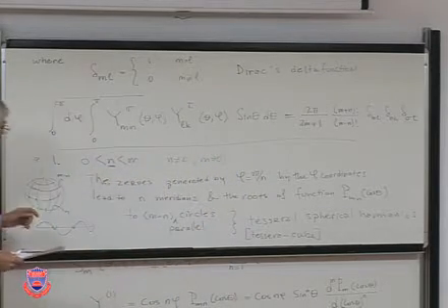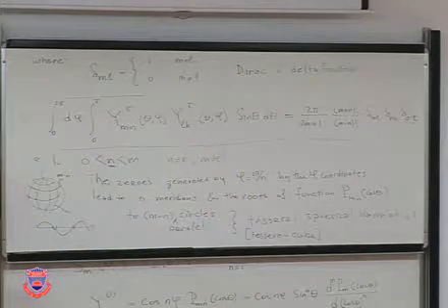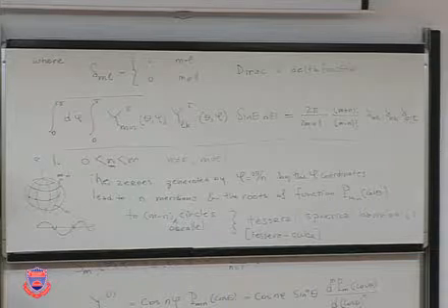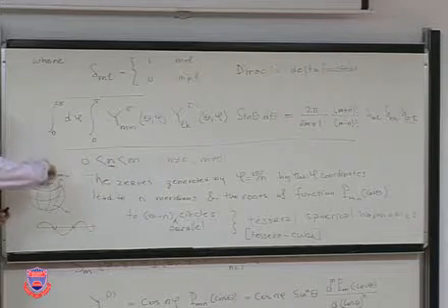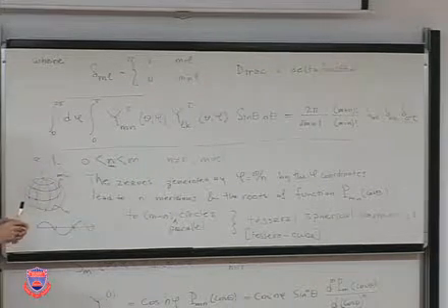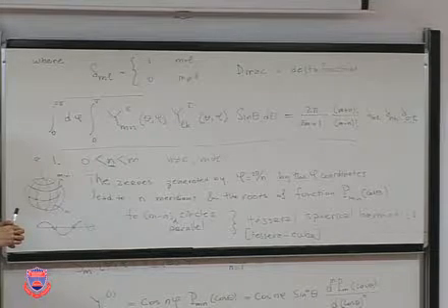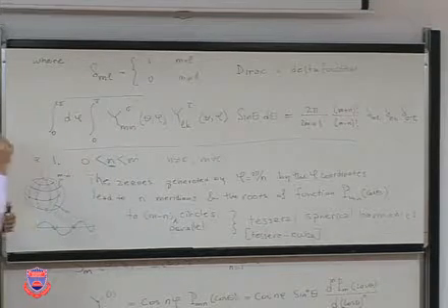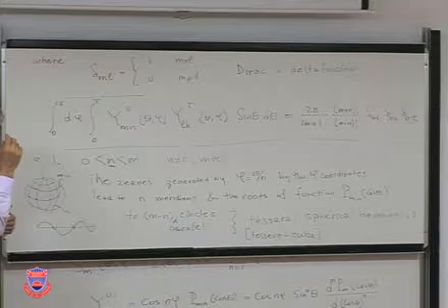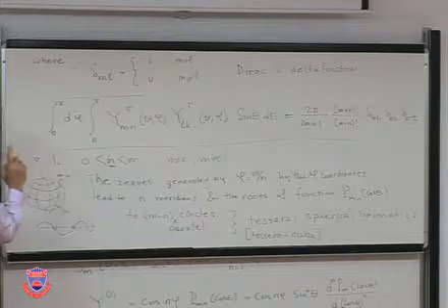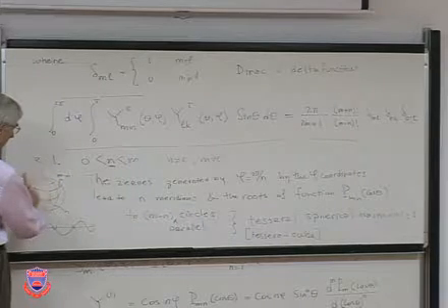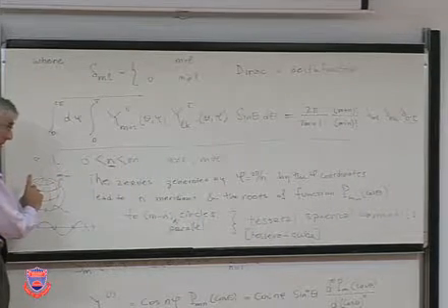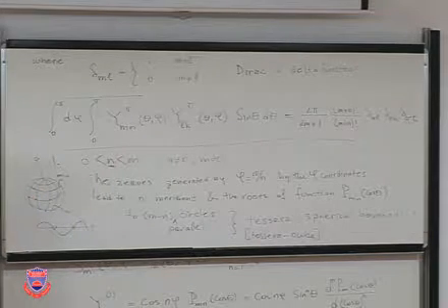We say that if n is 0, it's axis symmetrical about the z-axis. Then shouldn't it be m parallels, not meridians? If it is axis symmetric about this axis, there shouldn't be what?